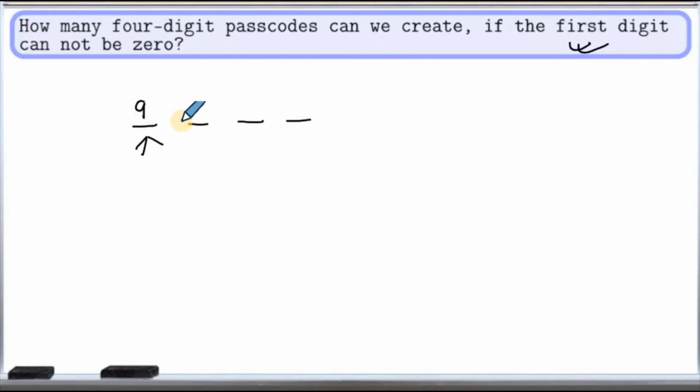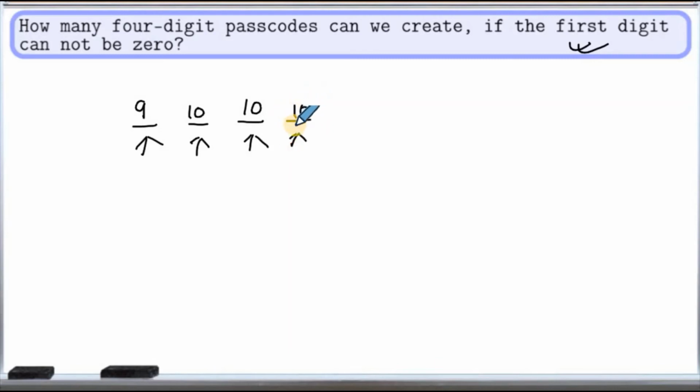Now let's look at the second one. For the second place, we can have 10 of them since we can have all possible digits. Similarly, for the third one, we can have 10 of them since we can have all possible digits. Same thing for the fourth one, we can have 10.